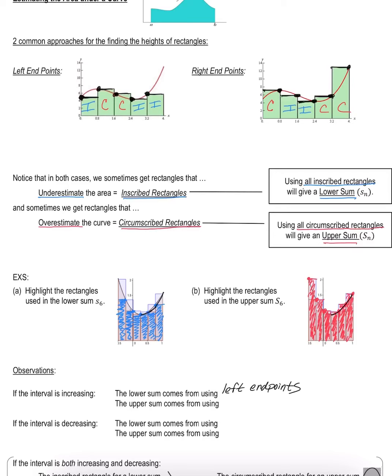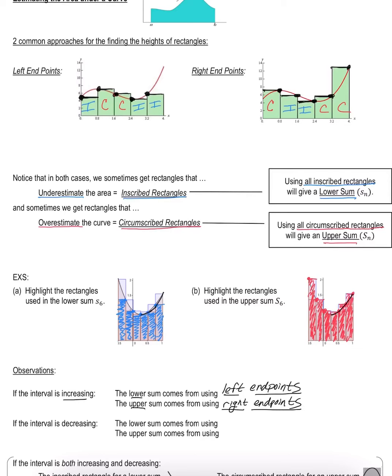So when the function was increasing, the lower sum is from left endpoints. When the function is increasing, the upper sum, the picture in part B, came from the right endpoints. So when the function's increasing, the upper sum comes from using right endpoints.